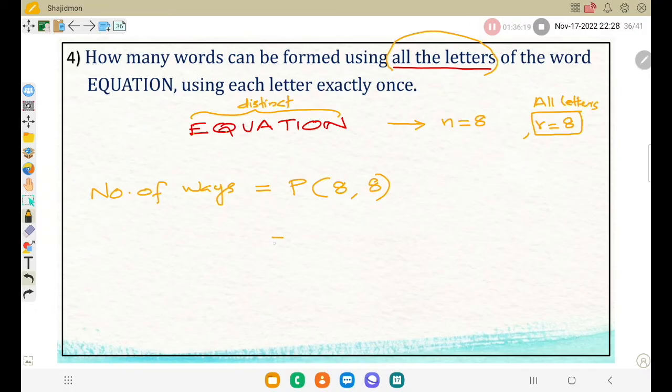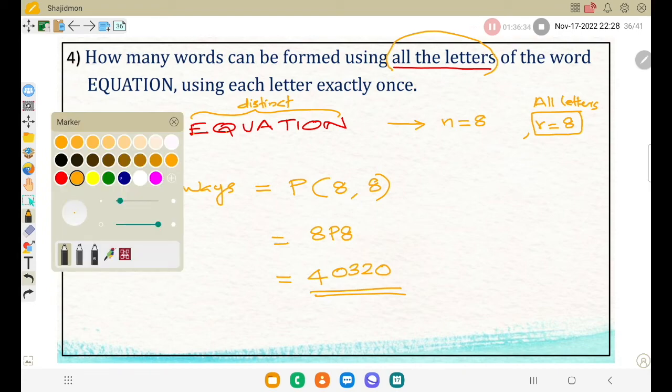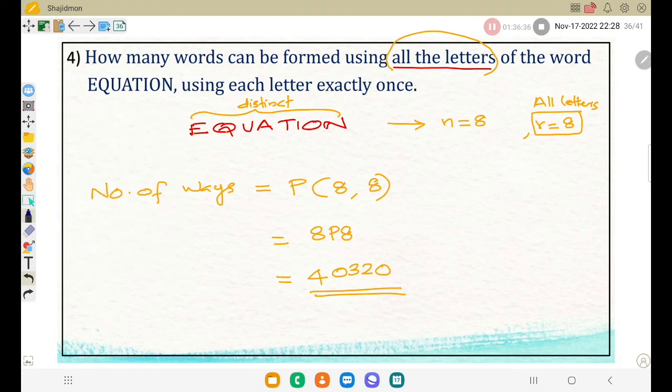So what is P(8,8)? 8 permutation 8. What is the number? You will get 40320. This is the number of ways totally. Correct? Hope you understood the question.